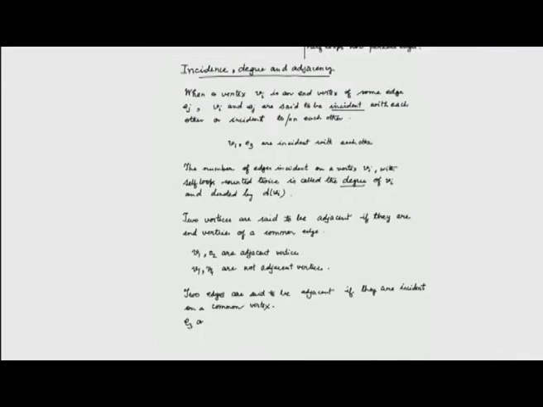So, if we again look at our diagram, we will see that the edges E3 and E5 are adjacent, because they have a common end vertex V1. E3 and E5 are adjacent edges, whereas E5 and E1 are not adjacent.